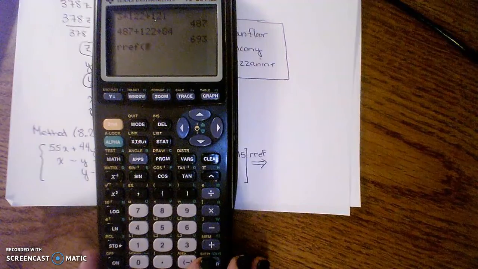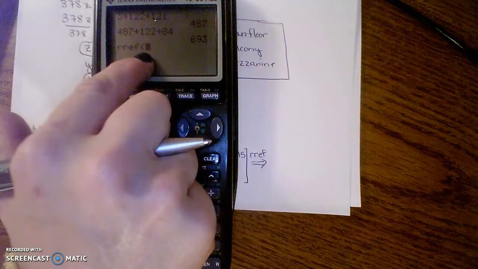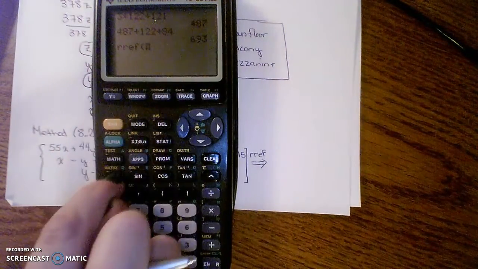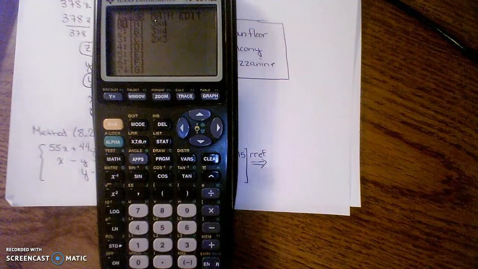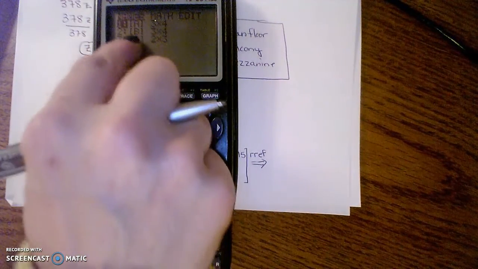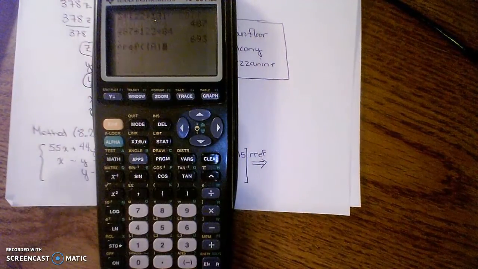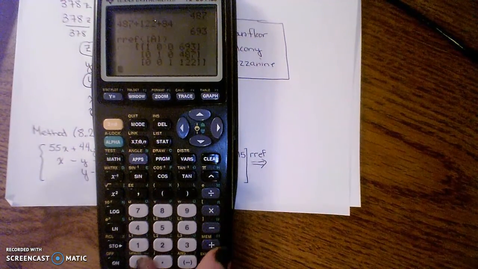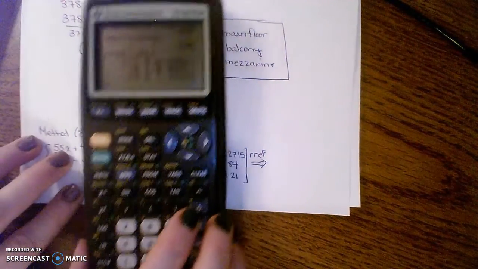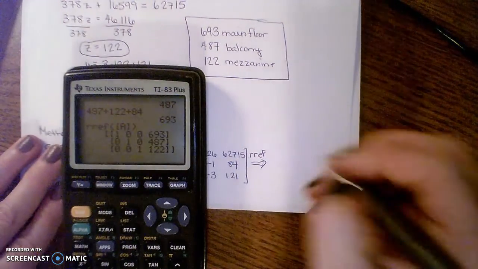And then I'll hit enter. And now I need to put the matrix inside of there. So I'll go down to select the matrix again, second matrix. And I will select that matrix that I just edited. Close the parentheses, hit enter. And now I have it written as a matrix in reduced row echelon form.